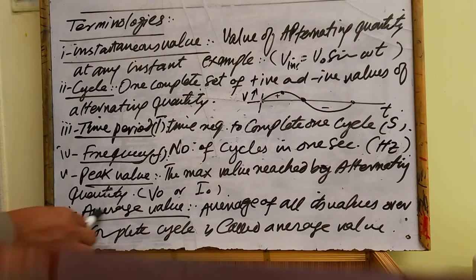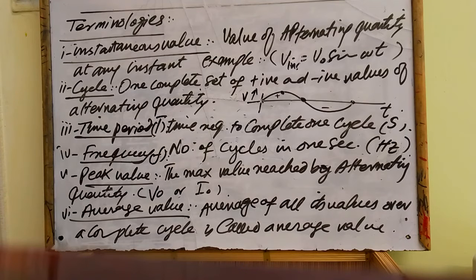Next one is the average value. Dear students, you must keep in mind where we take the average value. Average value is always taken when we have different variable values.